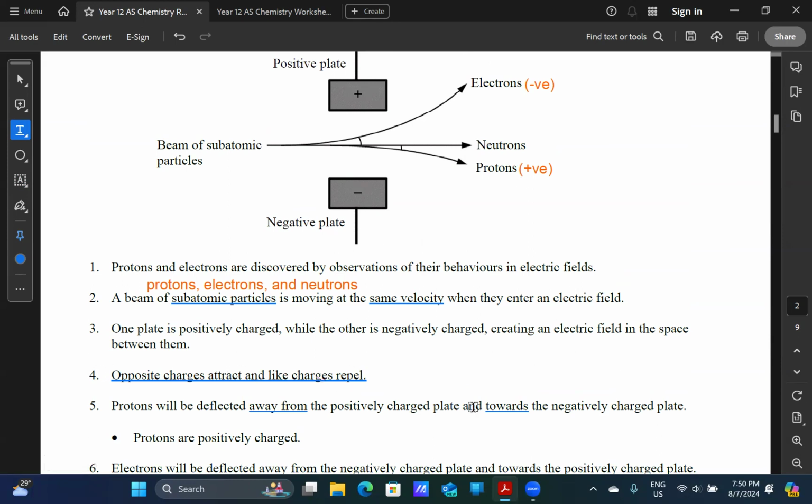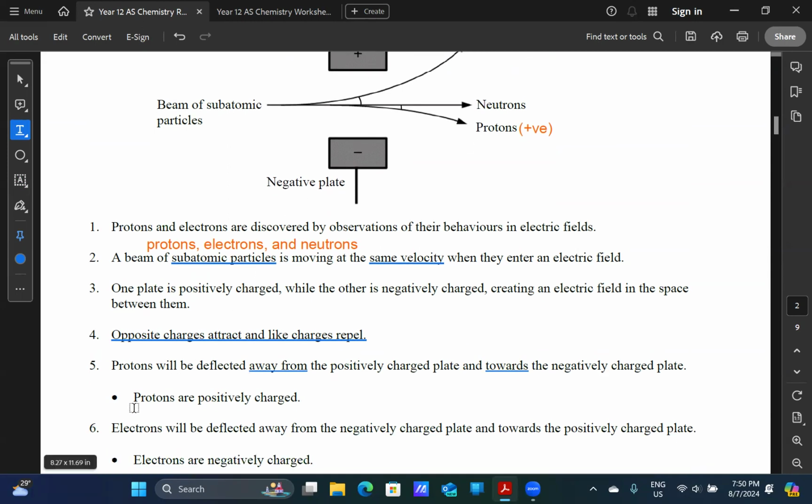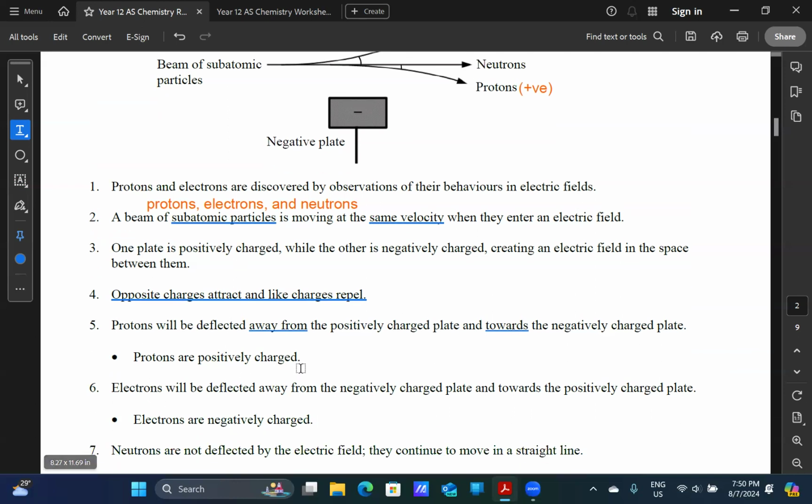Then why is the proton deflected toward the negative plate? The reason, opposite charges attract. So protons are positively charged. Please take note, when you want to describe the type of the charge, the word charged ends in -ed.